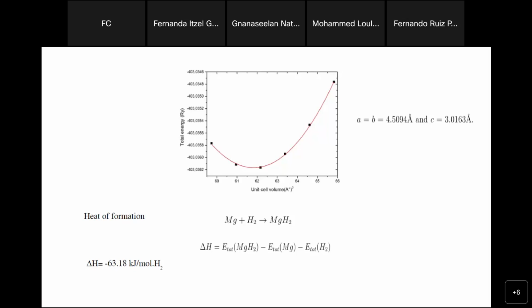The obtained value of the formation enthalpy is very high, higher than the required values for onboard hydrogen storage. Such high values of formation energy indicate that the system is highly stable. Please, the next slide.